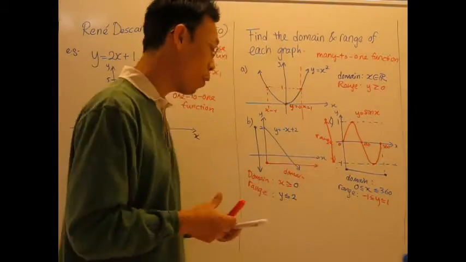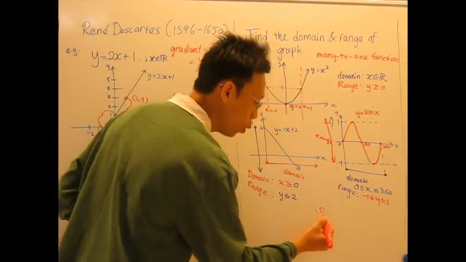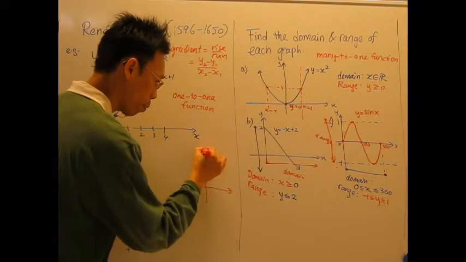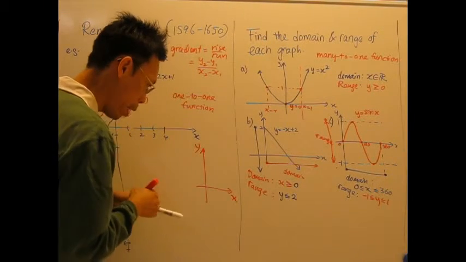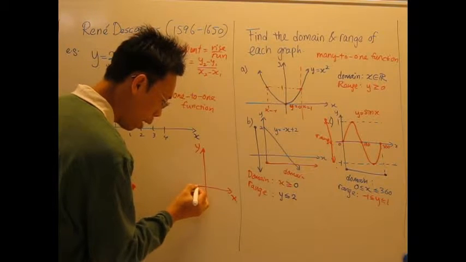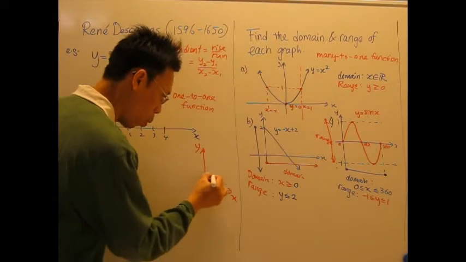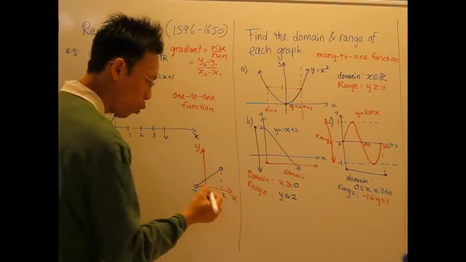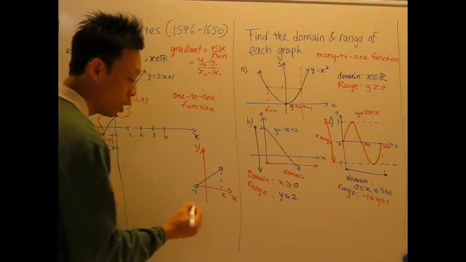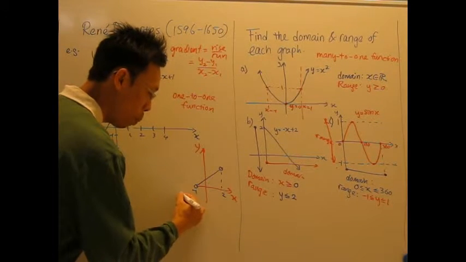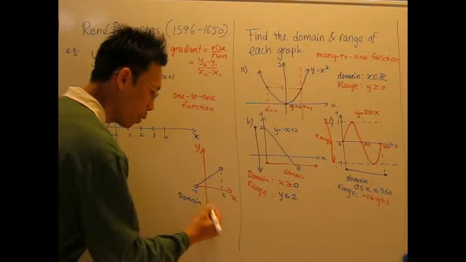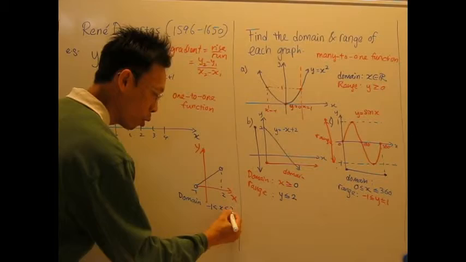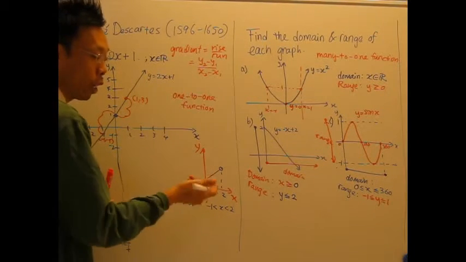Inclusive means black dot. If it's not inclusive, then you have to write it this way. So for example, if I draw the graph like this, and then go all the way up, and here is negative 1, here is 2, for example. In this particular case, the domain will be written as, let's say, negative 1 less than x, so not inclusive, not included.